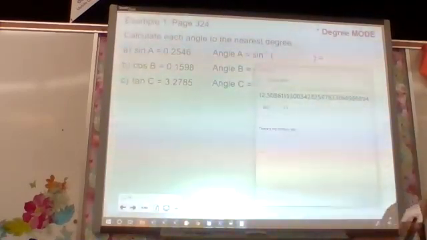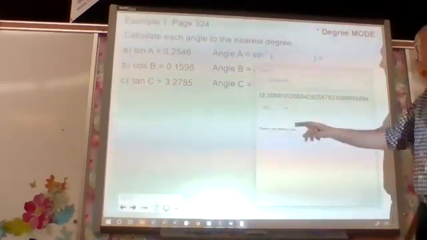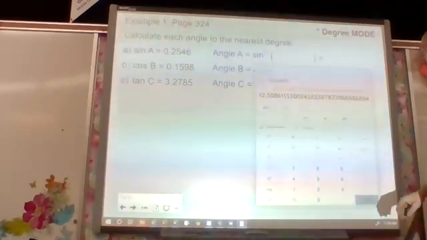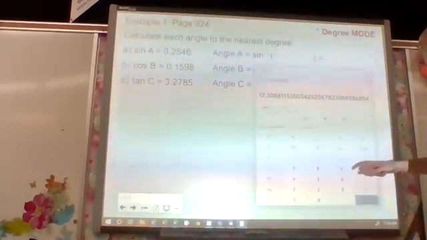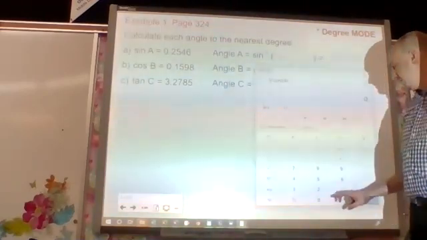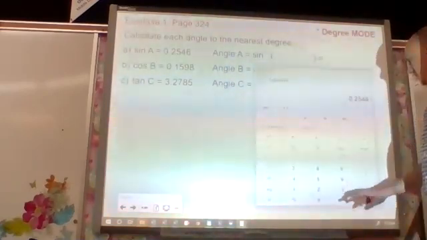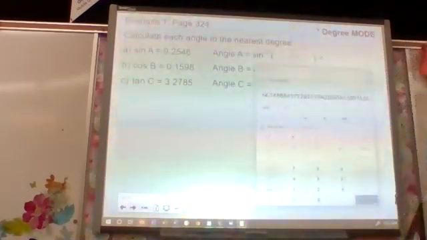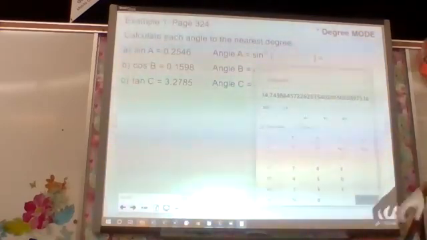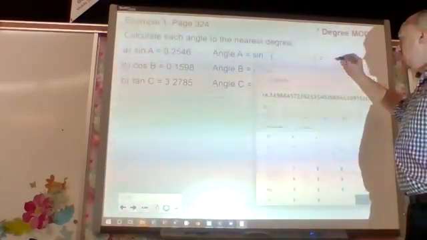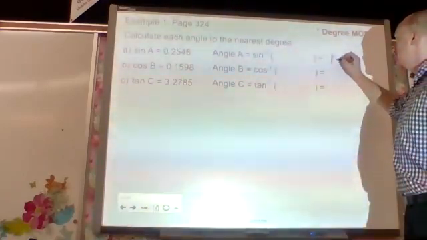Oh, I just killed my history. Give me back my calculator. 0.2546, trig, second, sine inverse. And this tells me the sine inverse of 0.2546 is 14.8 degrees.